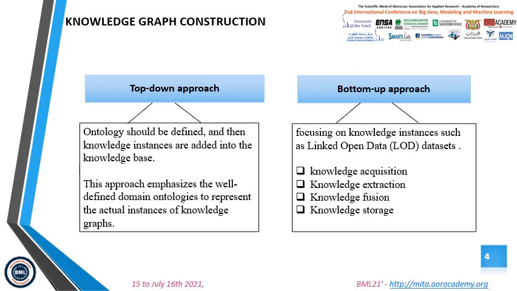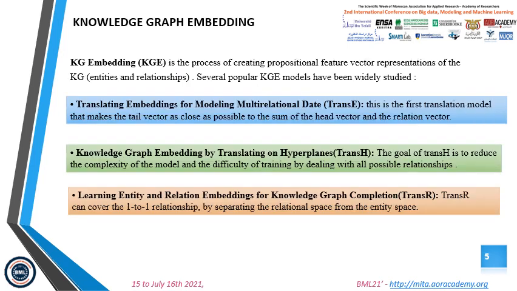The top-down approach focuses on a knowledge schema and ontologies such as domain ontologies, and the bottom-up approach focuses on knowledge instances such as linked open datasets, and includes four steps: knowledge acquisition, knowledge extraction, knowledge fusion, and finally knowledge storage.